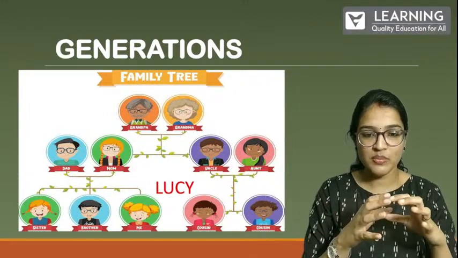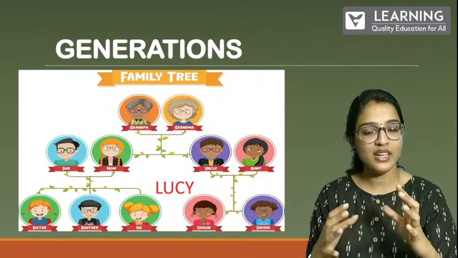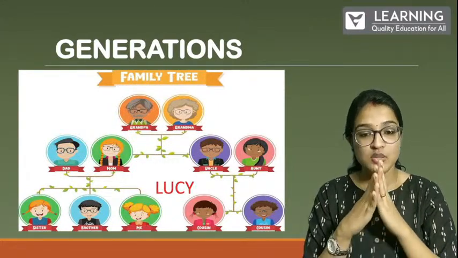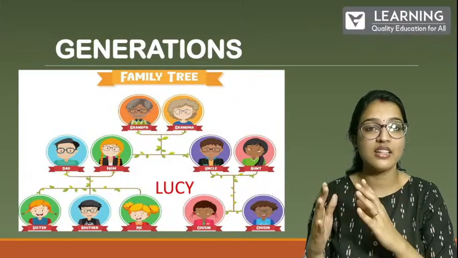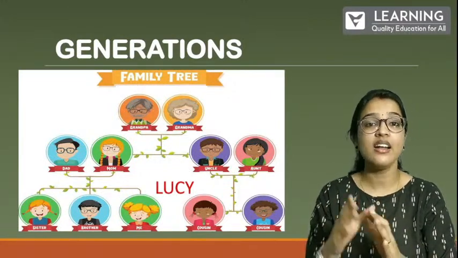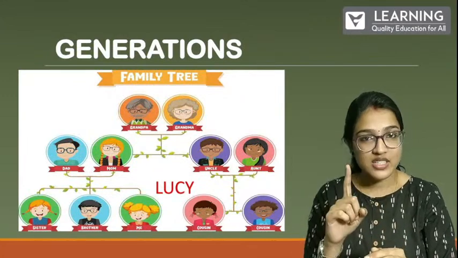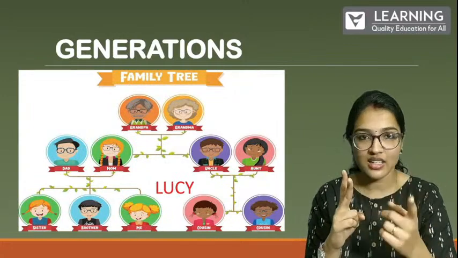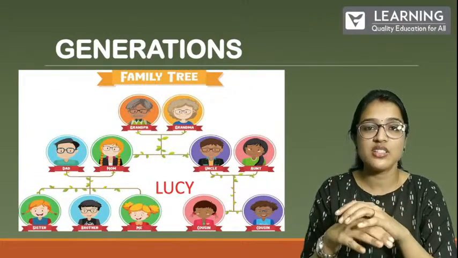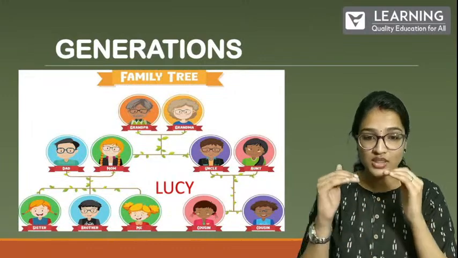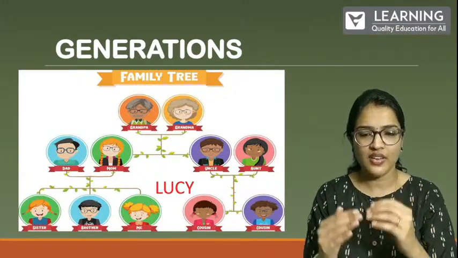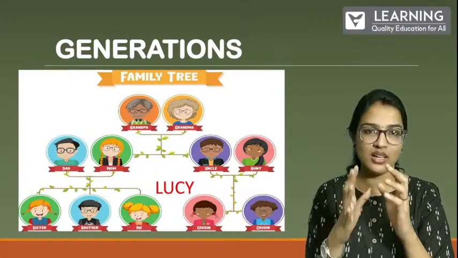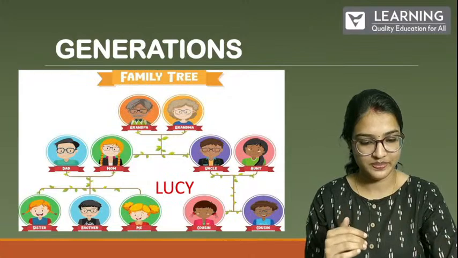So these kids will be of the same age group, so we take it as the third generation, the newest generation. So how many generations are there in the family of Lucy? There are three generations. The first is grandparents, the second is parents, uncle and aunt, and the third is kids. This is how we identify how many generations are there in a family and who they are.